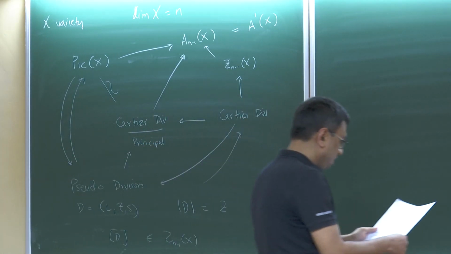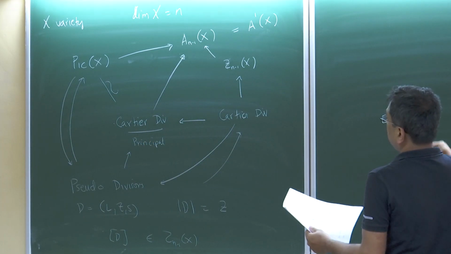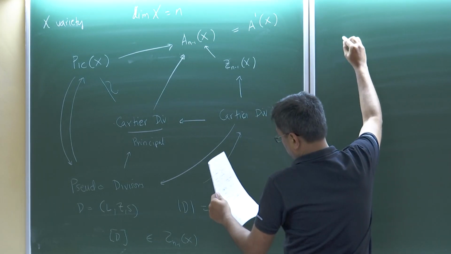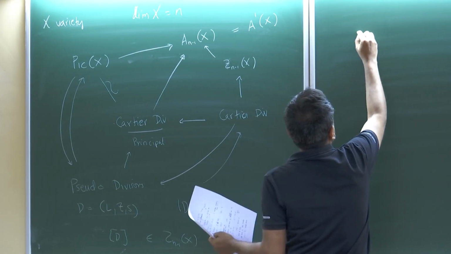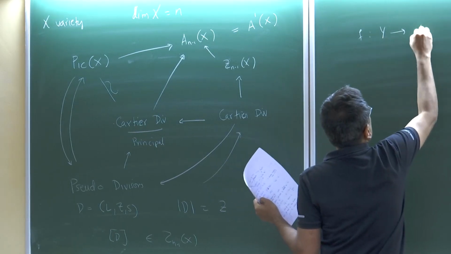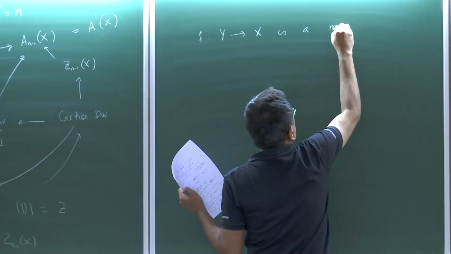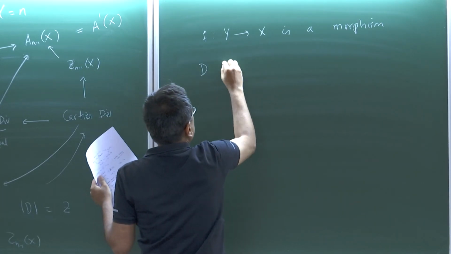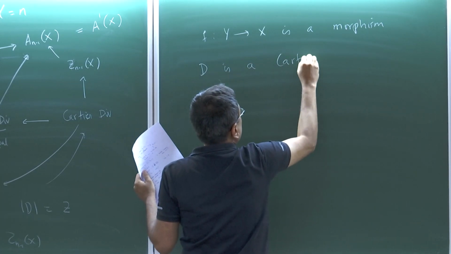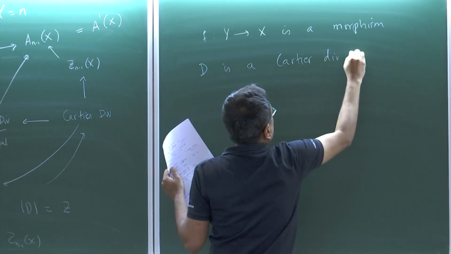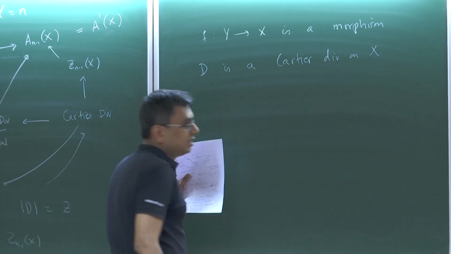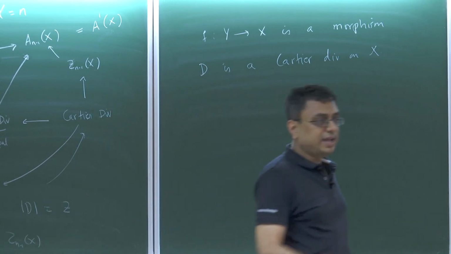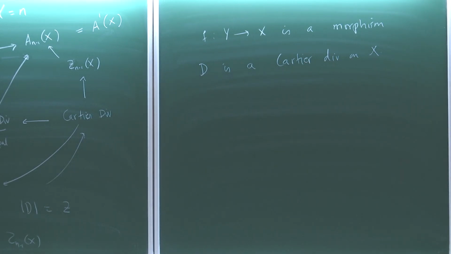Now the point is, given a pseudo divisor, so let's say f from Y to X is a morphism, and D is a Cartier divisor on X. Now, if this map is dominant, every rational function can be pulled back to a rational function, right?